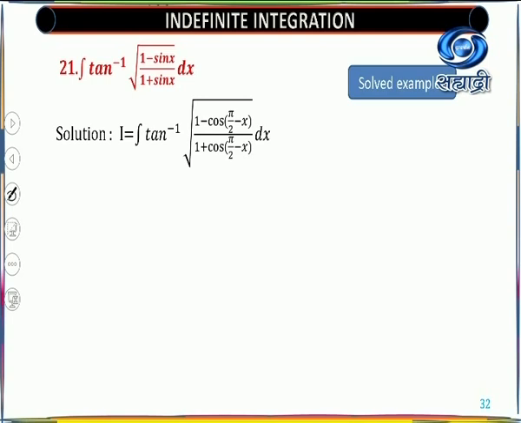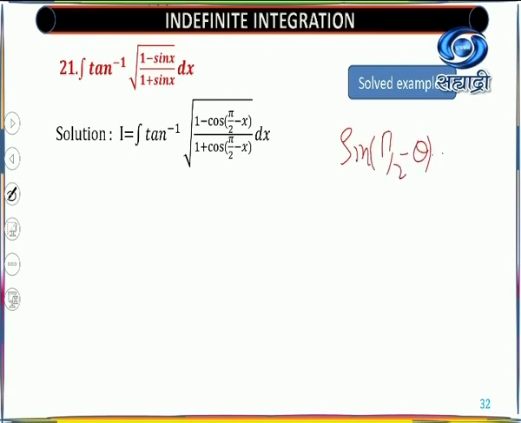Tan inverse of... as usual, we don't know any identity which converts sine and cos. The only thing is that 1 minus cos and 1 plus cos will be converted into sine and cos. So we need to convert sine into cos using the trigonometric identity sine of 90 minus theta.